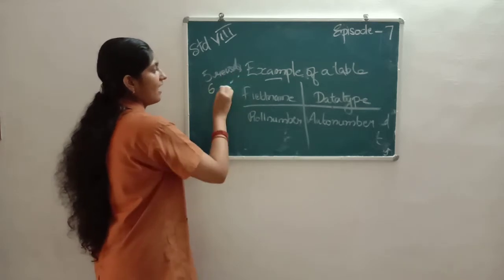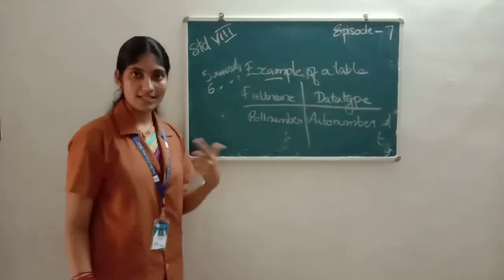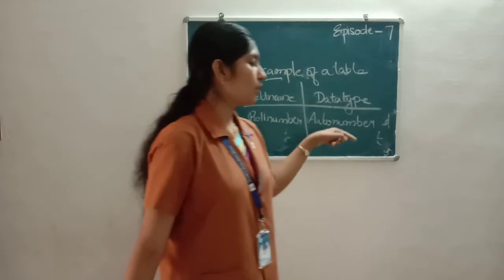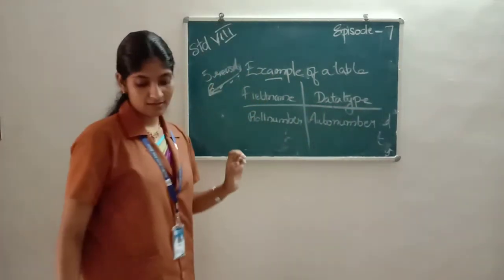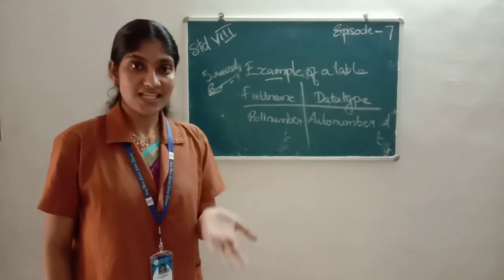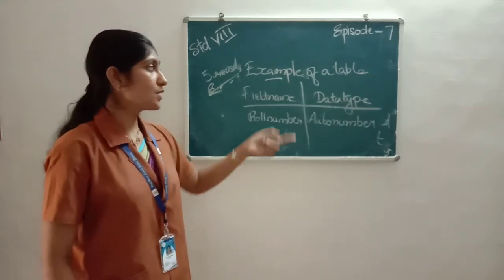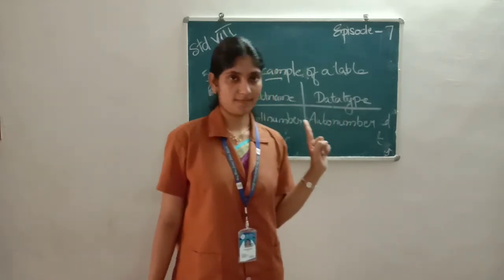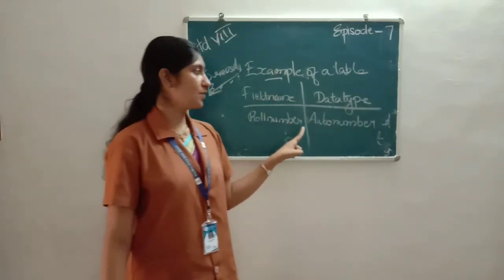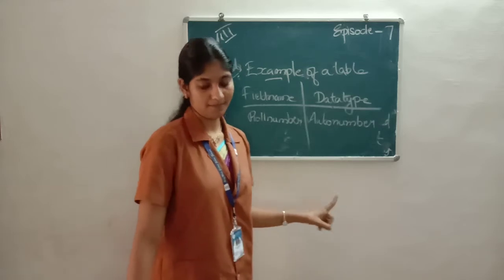So we can have another space for entering the next data. If any record is deleted from it, what happens? The data is deleted, right? So it will be decremented by 1. That is auto number. So for roll number we can use the data type auto number.